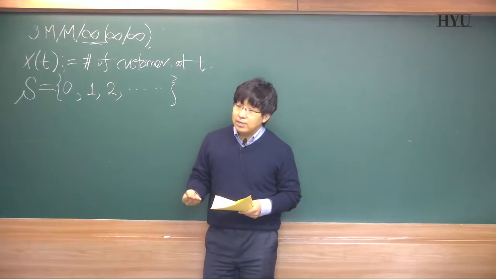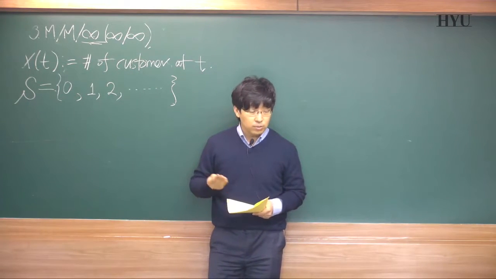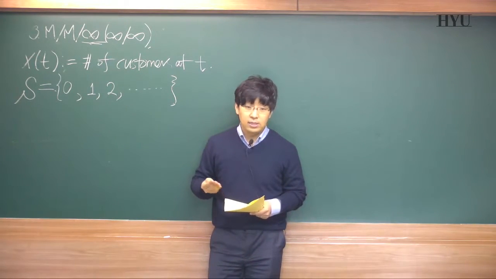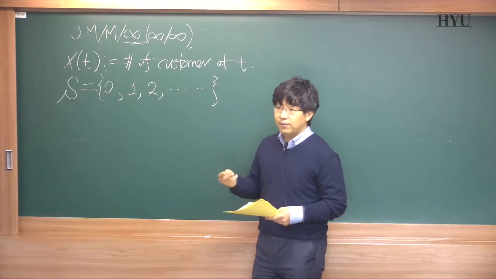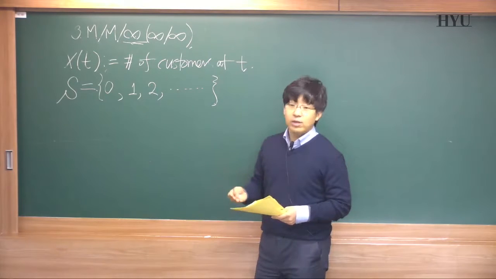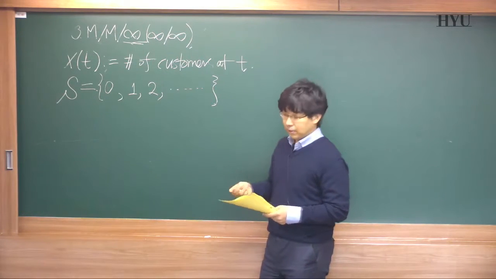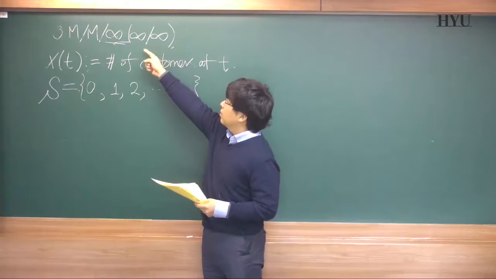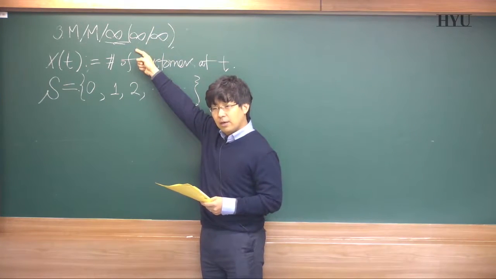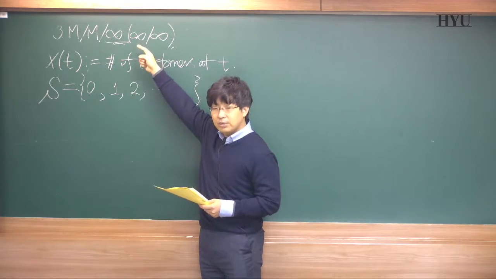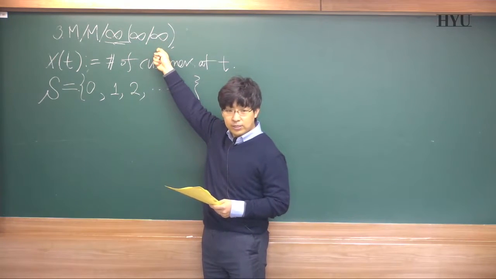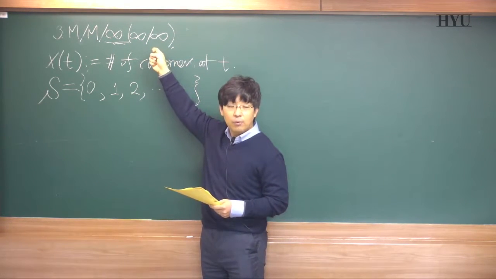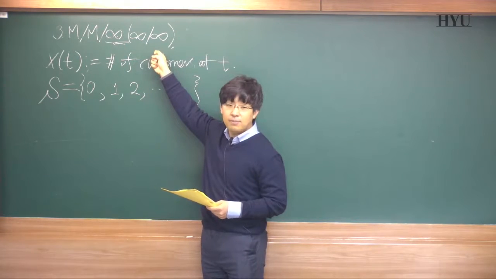To calculate long-run average numbers or some probability in the limit, we first need to figure out the generator matrix, because arrival times, inter-arrival times, and service times are exponentially distributed. We can model this with a continuous time Markov chain.